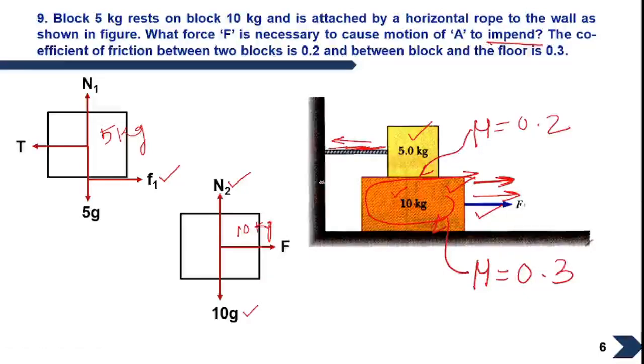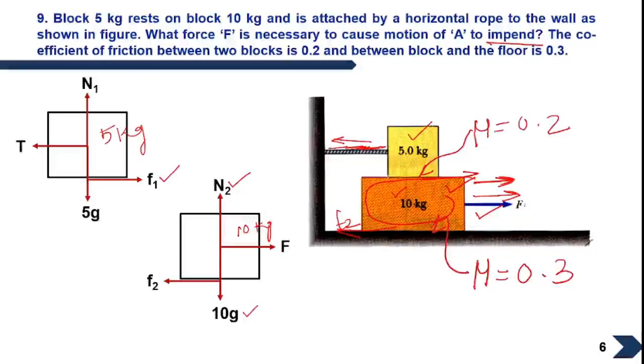Now the question is, where will the frictional force be acting, and how many frictional forces will be acting on this 10 kg block? Let us see. We'll have a force between the ground and the block. That frictional force will be acting opposite to the motion. So this will be your F2.